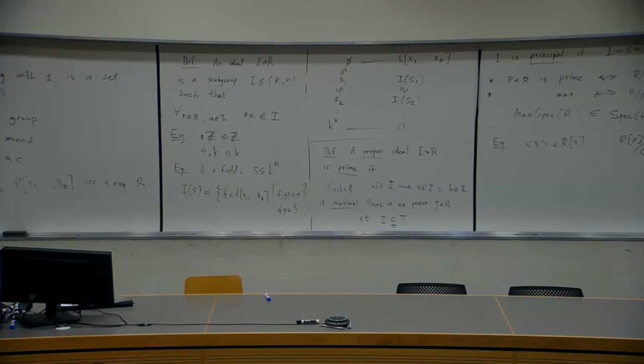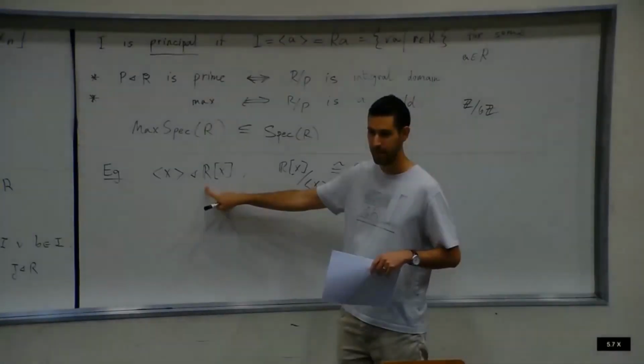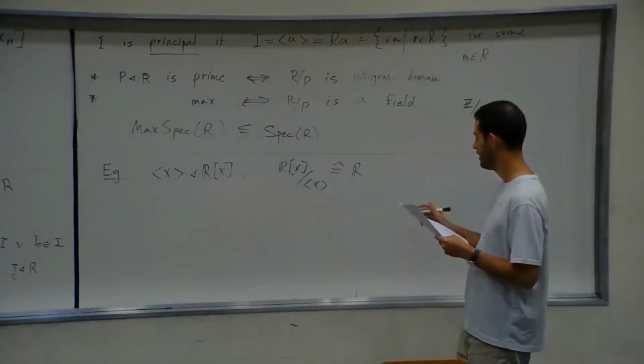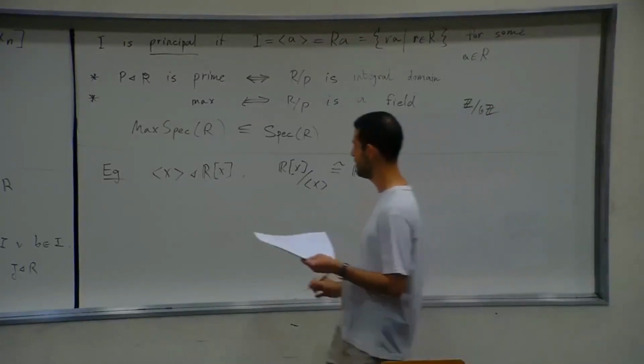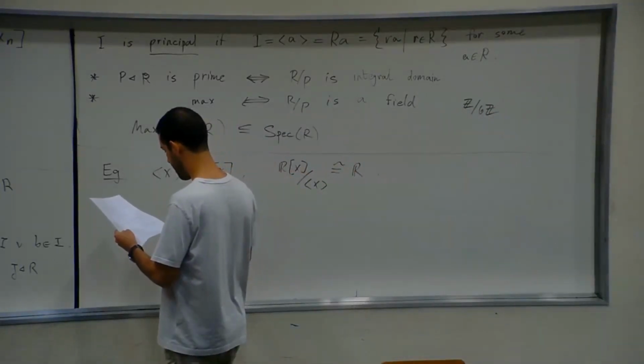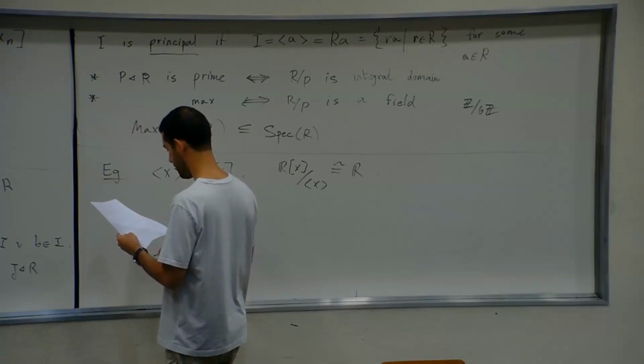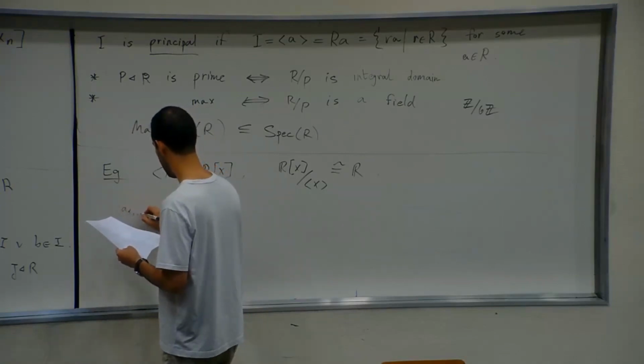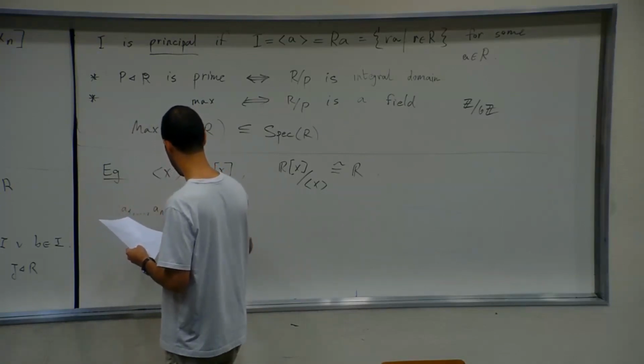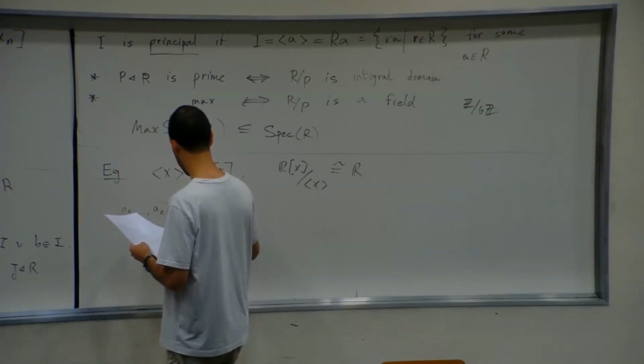Is R a field? Yeah, R is the real number field. And so let's generalize this. Suppose we have a point (a1, ..., an) in A to the n.